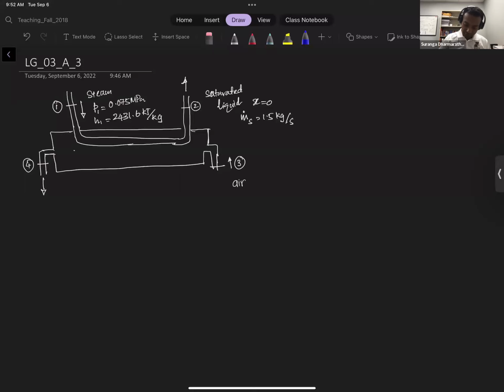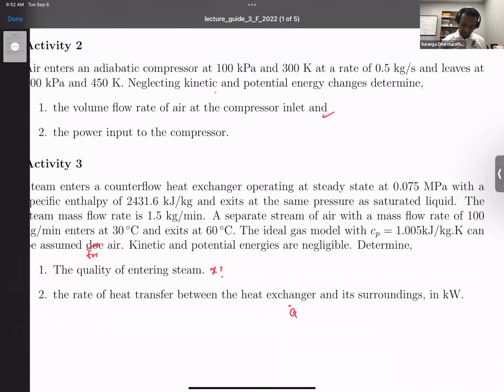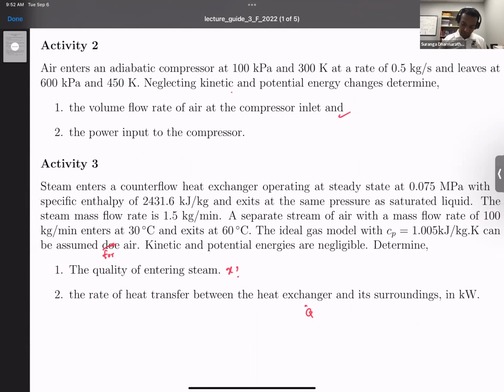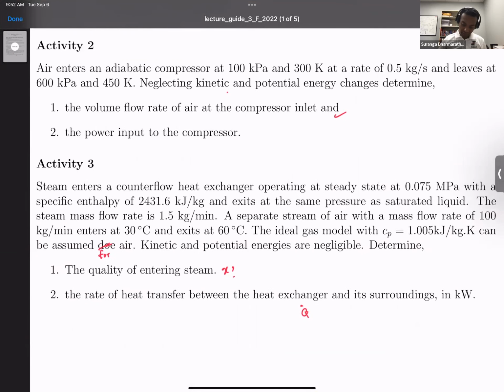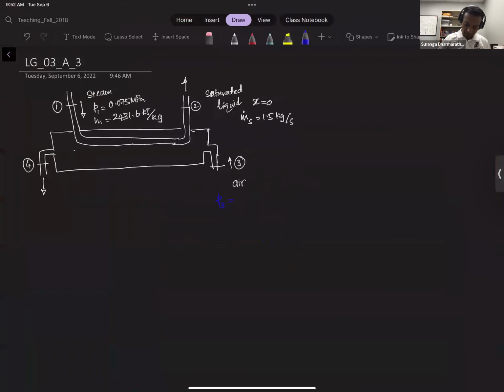And for air, we have P3. Pressure is not given.